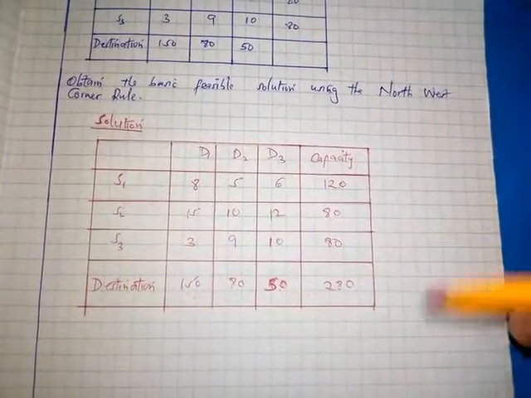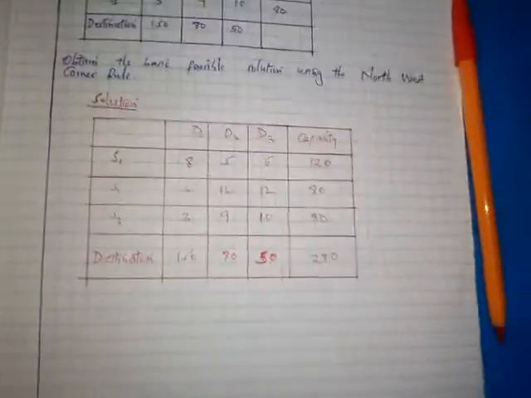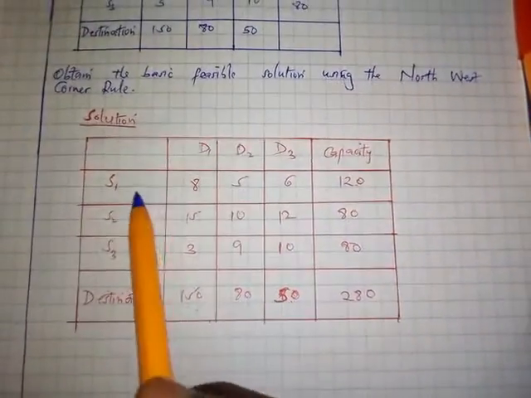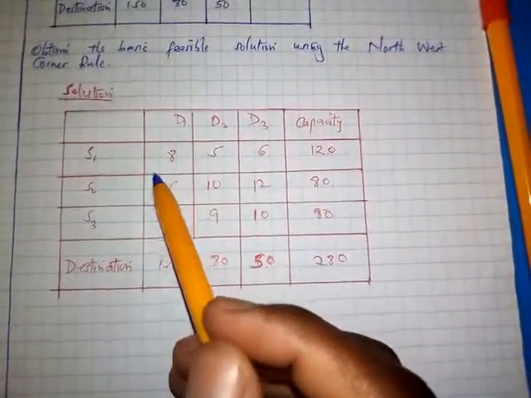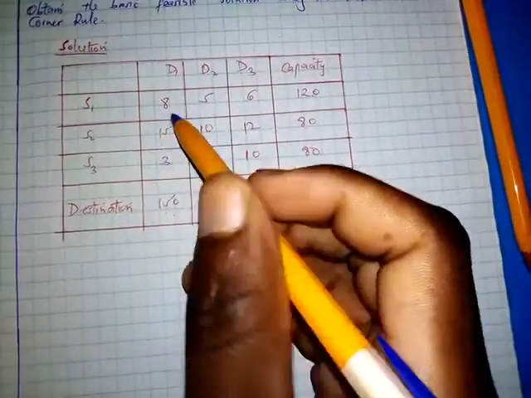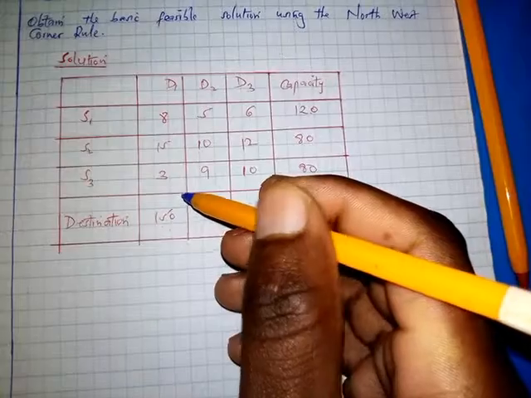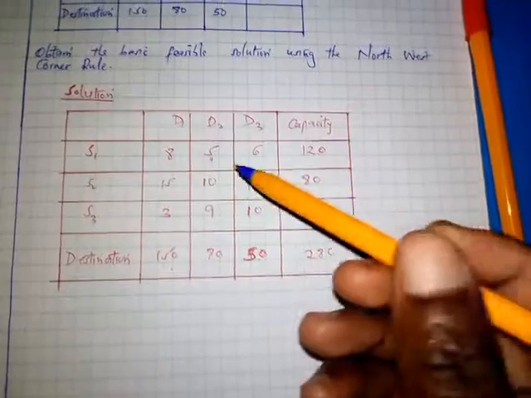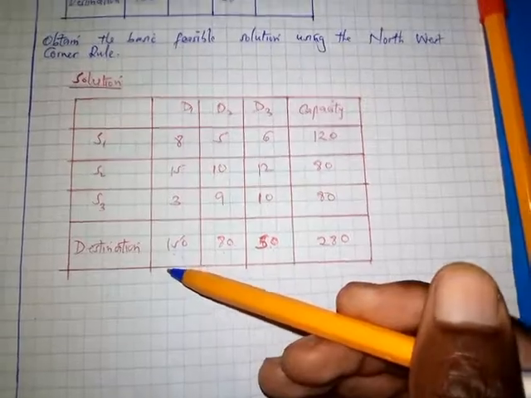So for us to apply the northwest corner rule, we have the first step. We have to select the northwest upper left hand corner cell of the transportation table, and allocate as many units as possible, equal to the minimum between available supply and demand requirement. For example, here we have 120 as the capacity and the destination requirement is 150.